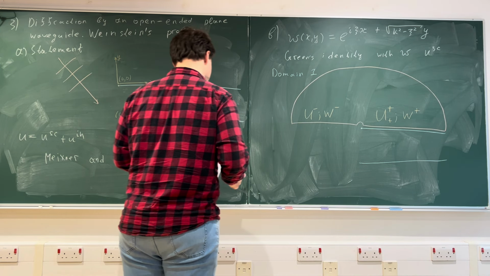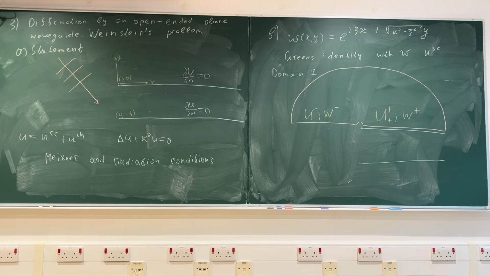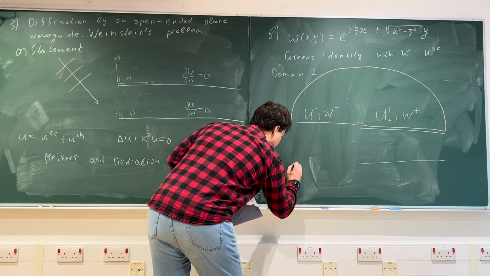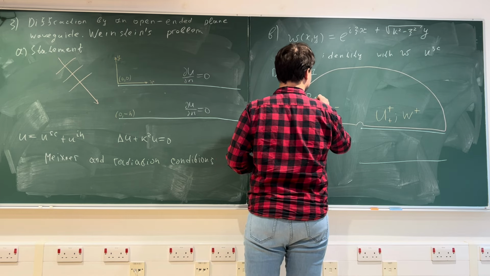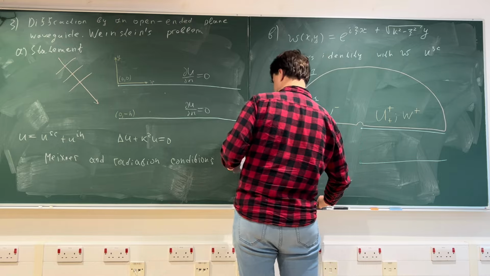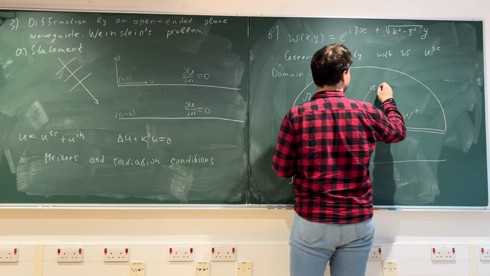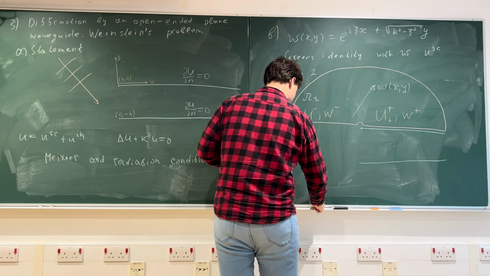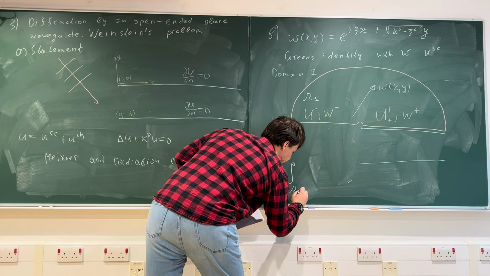And let's write its identity. So this is omega 1, and I have an outgoing plane wave W. And I apply Green's identity to the boundary of this domain.